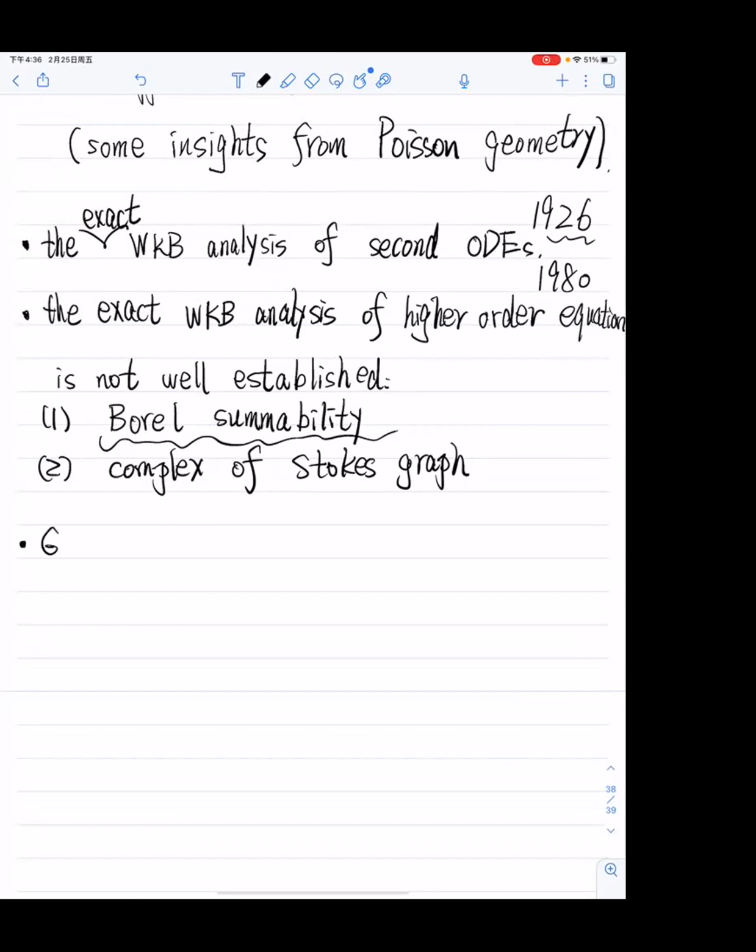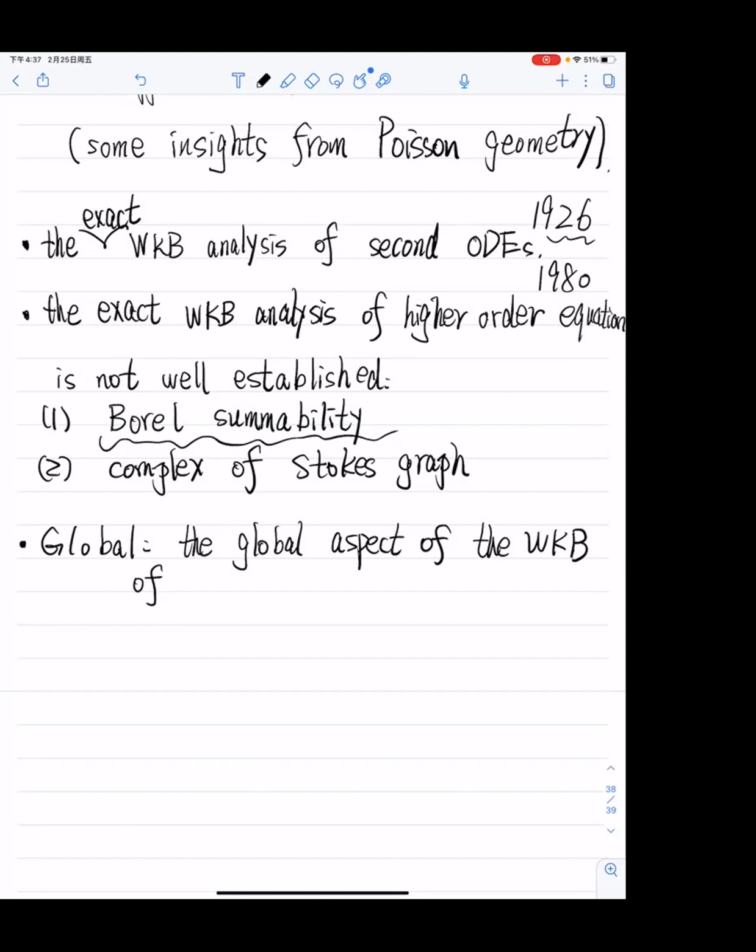But today, the goal of my talk is to study some global aspect of the WKB approximation of some prototype linear system of ODEs with a pole with some irregular singularities, as we're gonna show later on.